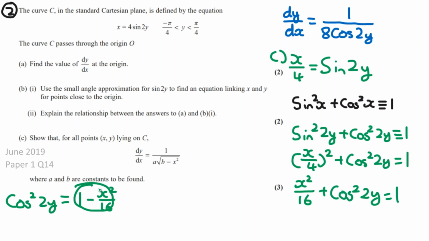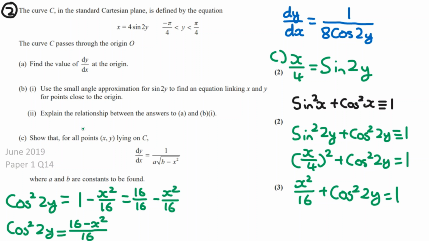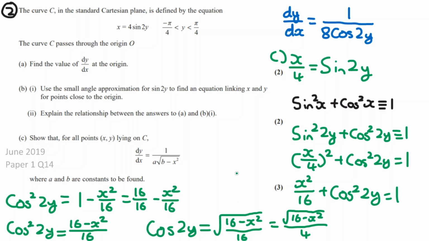If we rewrite 1 as 16 over 16 minus x squared over 16, so these denominators are the same, we can get that cos squared of 2y is equal to 16 minus x squared over 16. And now we can square root both sides such that cos of 2y is equal to square root of 16 minus x squared over 16. And the square root of 16 is just 4, so therefore we can write cos of 2y as the square root of 16 minus x squared over 4.